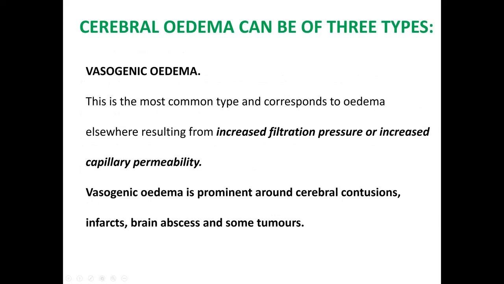Cerebral edema may be of three types. Vasogenic edema: this is the most common type and corresponds to edema elsewhere, resulting from increased filtration pressure or increased capillary permeability. Vasogenic edema is prominent around cerebral contusions, infarcts, brain abscess, and tumors.